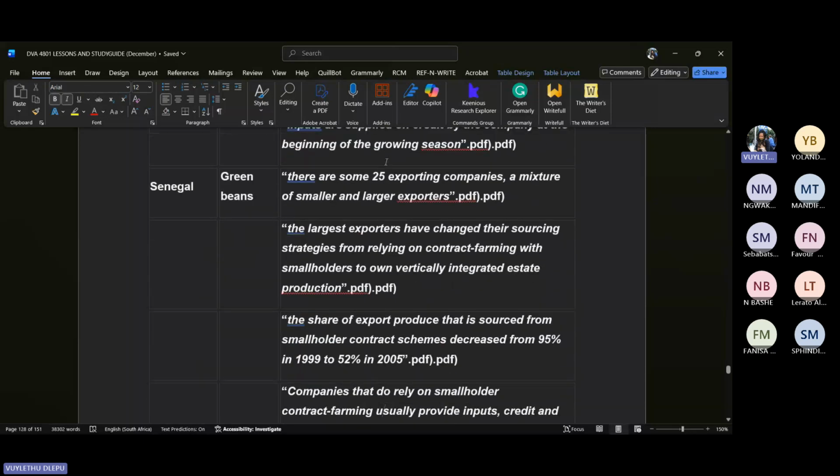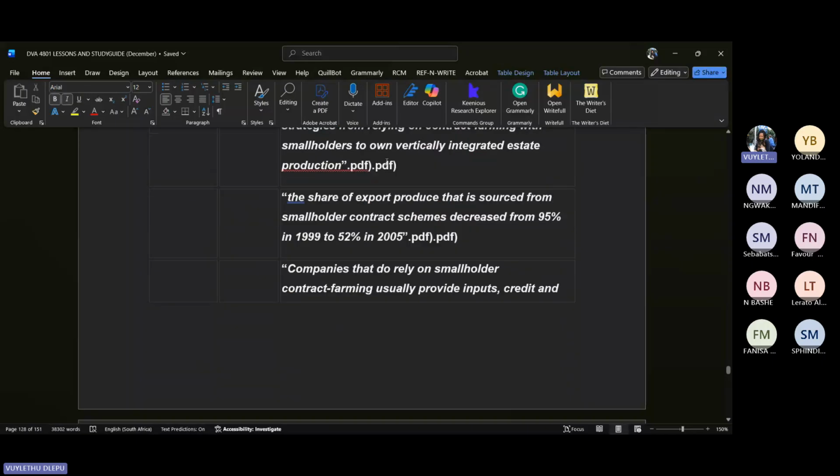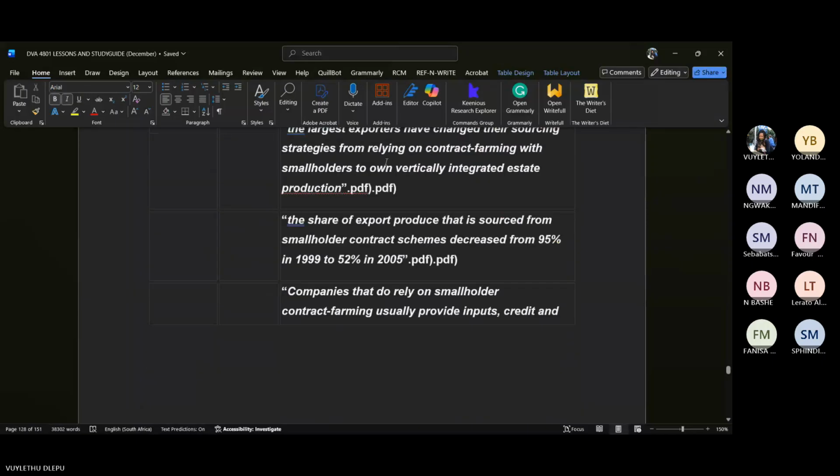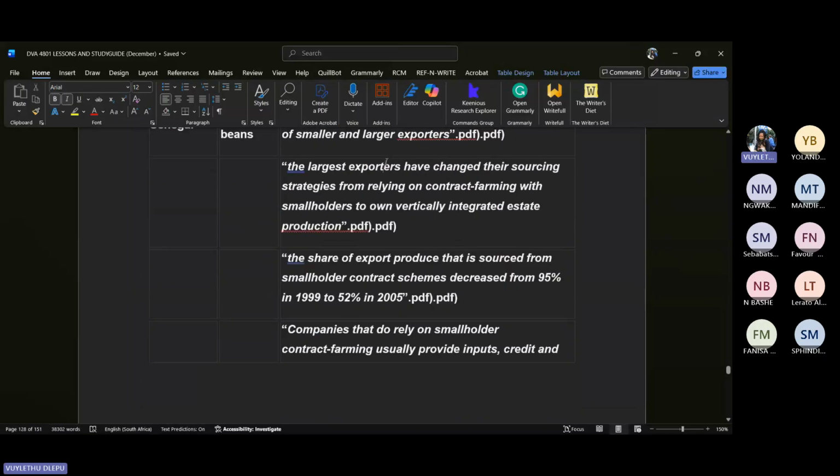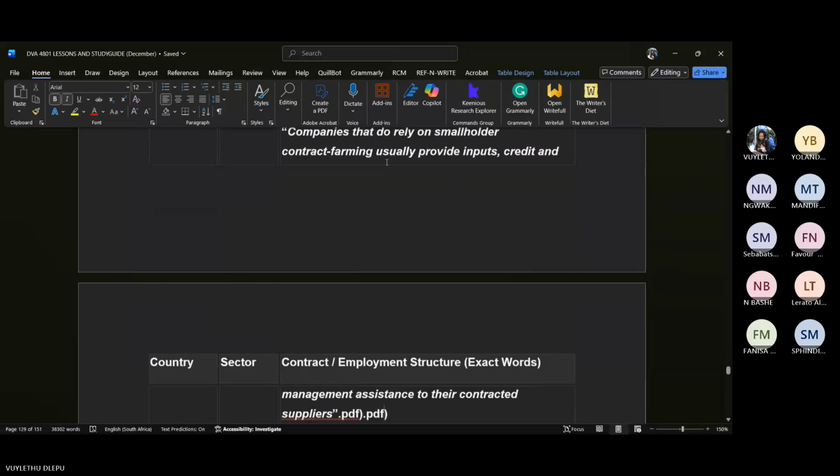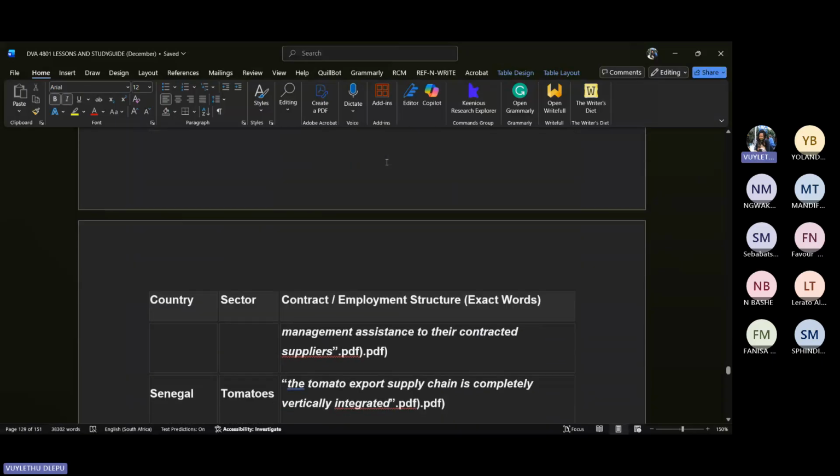The share of export produce sourced from smallholder contract schemes decreased from 95% in 1999 to 52% in 2005. The companies that do rely on smallholder contract farming usually provide inputs, credits, and management assistance to their contracted suppliers.